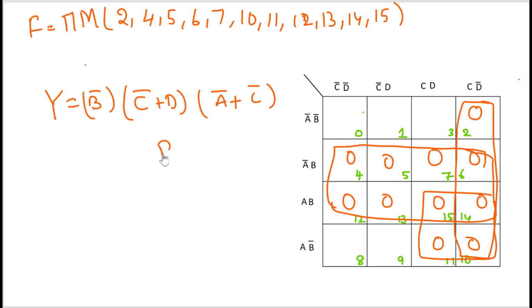This is the POS form for the given max term expression. Whenever you write the POS form, make sure to put each pair term, each quad term or each octet term in closed brackets, so that it gives you an indication that the expression is in the POS form.